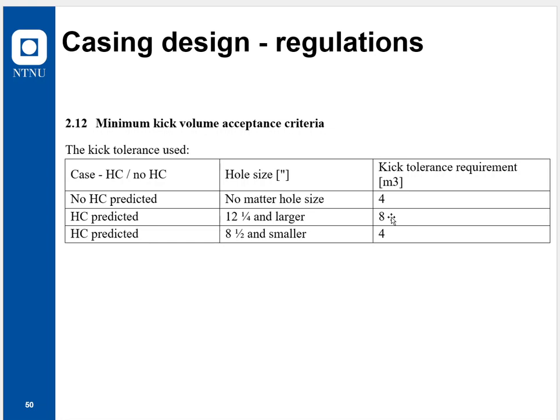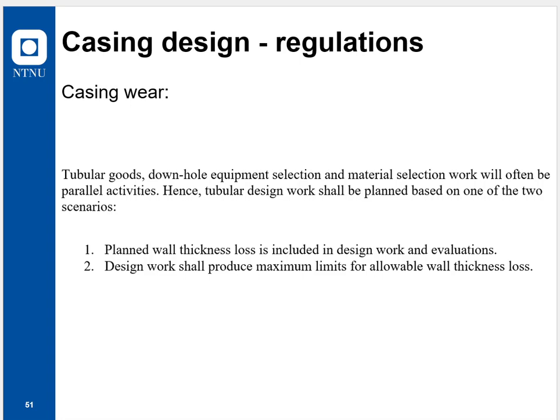So any section should have 4 or more standard cubic meters. 4 cubic meters of kick should be the minimum it can handle. Or for 12.25 inch, it should be 8 cubic meters or more kick that it can handle.